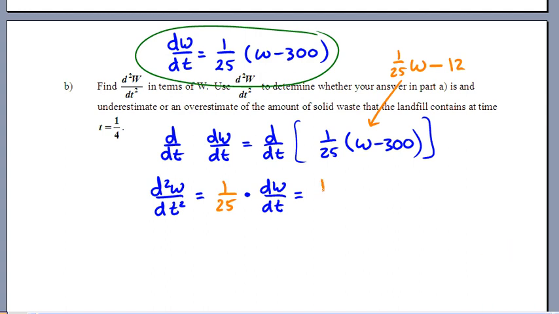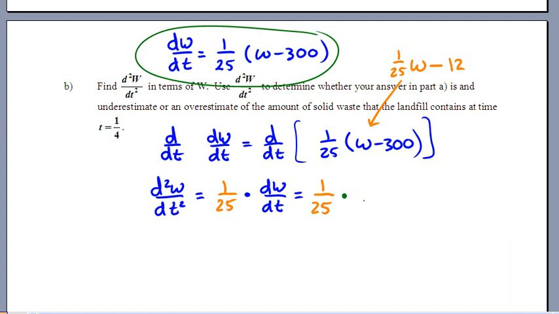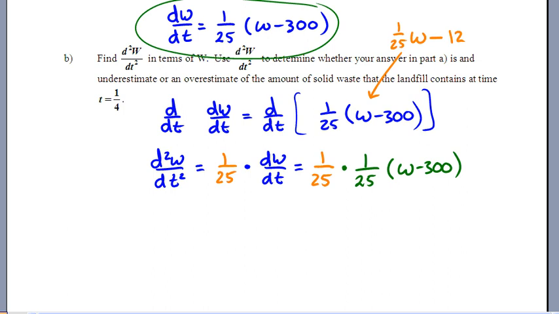So the long and the short of it is, the answer is 1/25 times 1/25 times (W minus 300). Okay, it's interesting. How else can I write that?